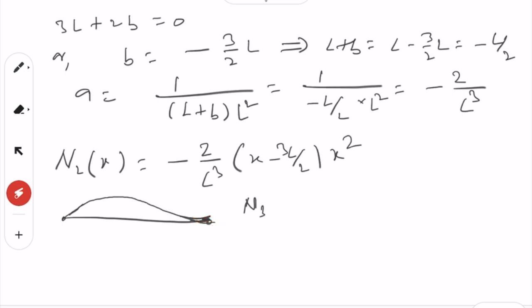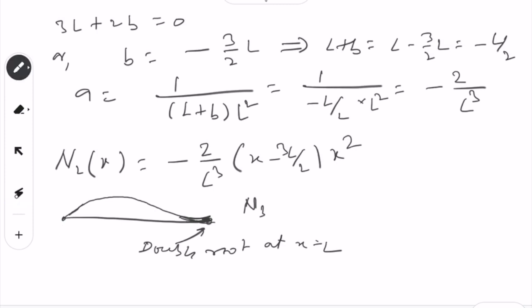So looking at this one, that slope is also 0 here. Hence it will have a double root at x equal to L, and here it will have a single root.